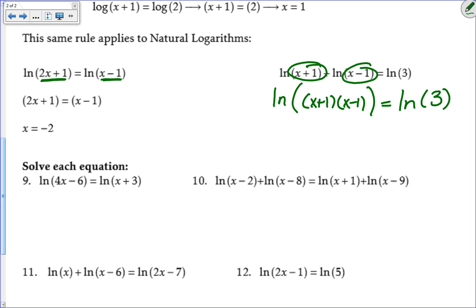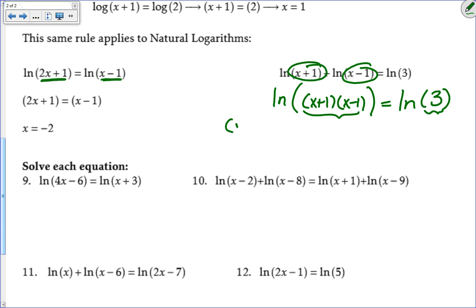So now we have a natural log on one side and a natural log on the other. So for this expression to be true, what needs to be set equal to each other? The parentheses, exactly. So we take what's in the parentheses here and we just set them equal to each other.